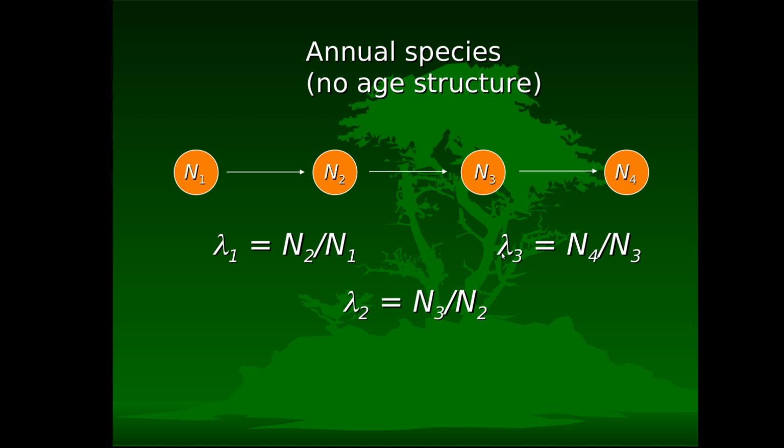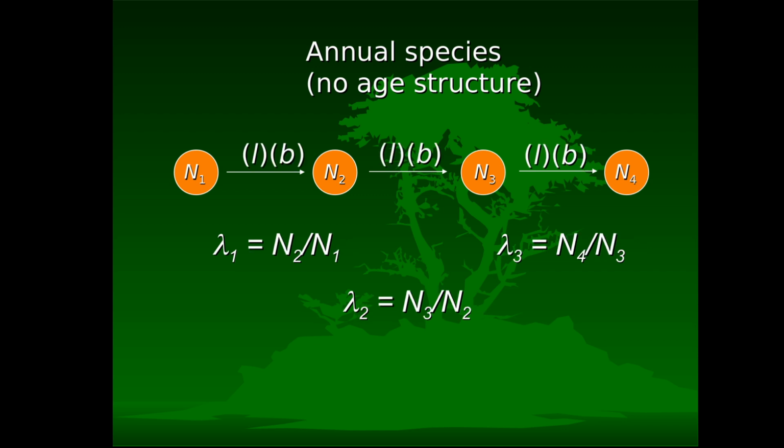So we've got a bunch of lambdas over time, and these lambdas are the sums of the survivorship and birth rate, the net reproductive rate in the life table over several time intervals.